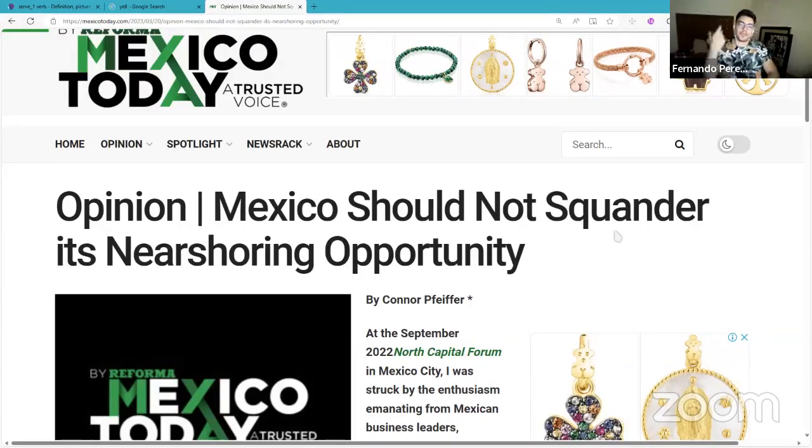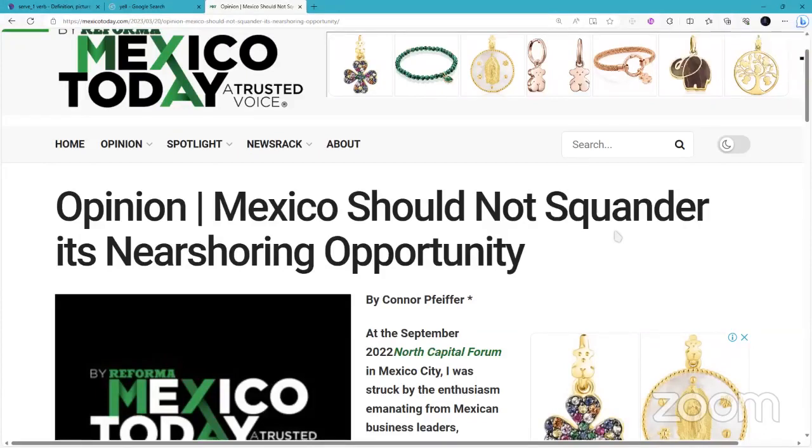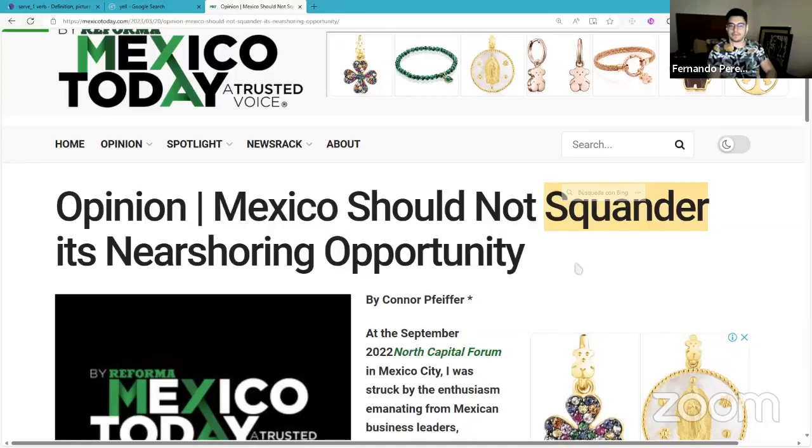Weak as a verb, weaken. Do you understand weaken? To make it weak. Yes. Well, weaken is a synonym of squander. Mexico should not squander or weaken its nearshoring opportunity.